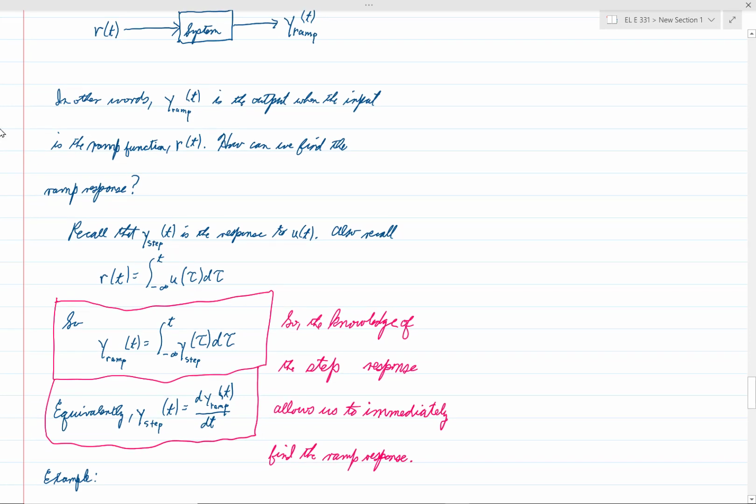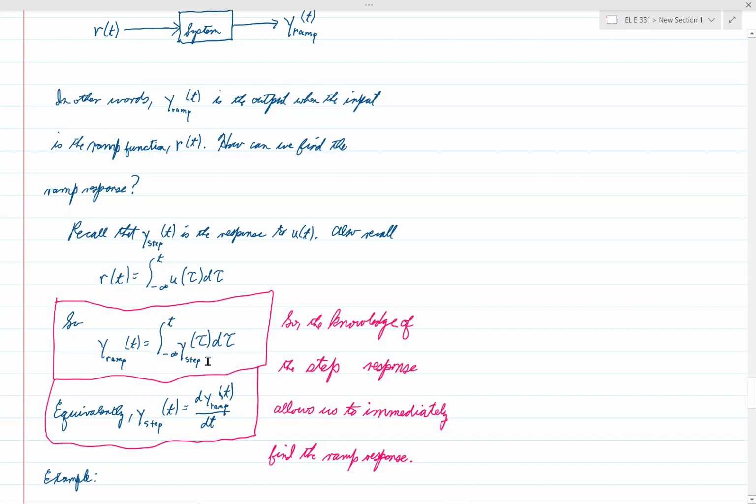Well, recall that y step of t is the response to the step function, and we also recall that r of t is the integral of the step function. So if r of t is the integral of the step function, then the response to r of t is the integral of the response to the step function.